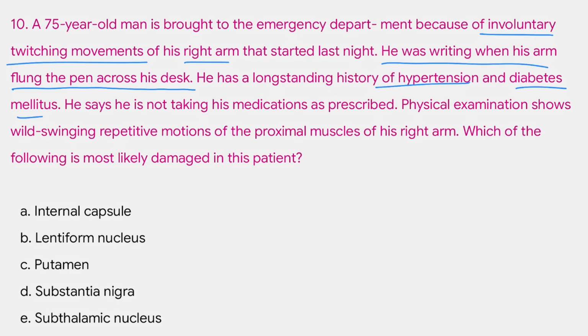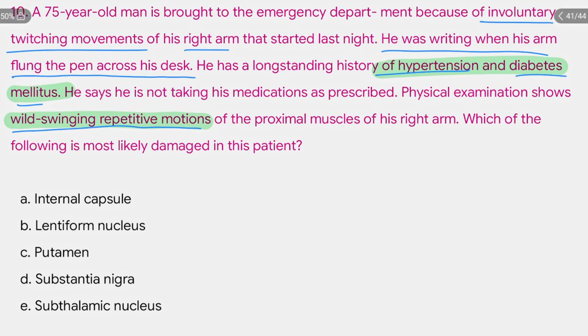Physical examination shows wild swinging repetitive motions. Since the patient has hypertension and diabetes, I would think it is a lacunar stroke, and they have given wild swinging repetitive motions. This is a basal ganglia stroke, seen in subthalamic nucleus stroke.